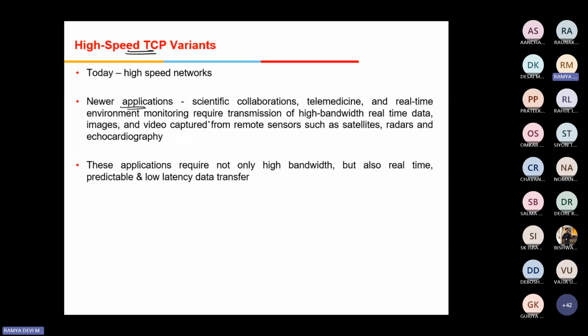Now, traditional TCP fails because it relies on packet loss as a congestion signal. So it will not give higher speed, cannot fully utilize the bandwidth, and performance degrades. In order to address all these challenges, high-speed TCP variants are being developed.